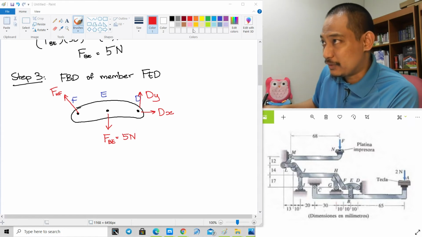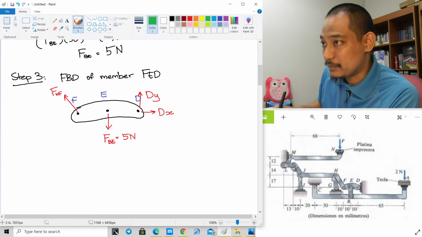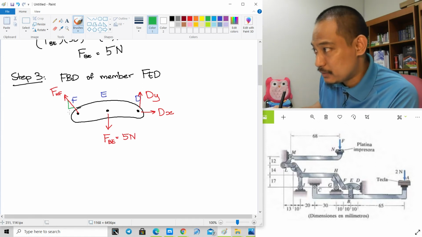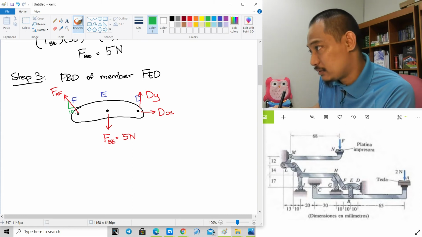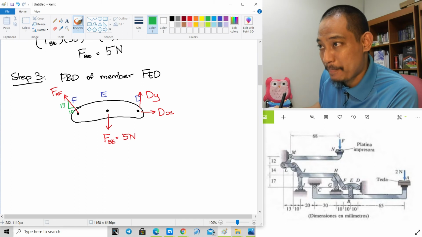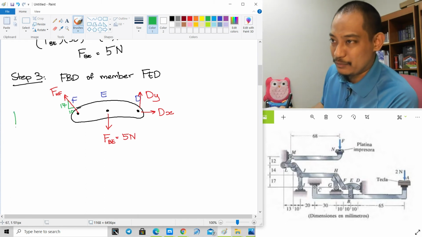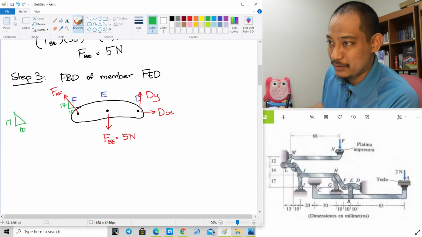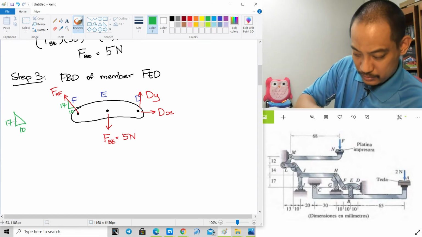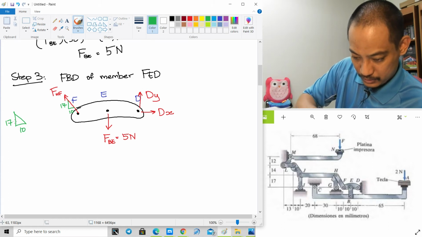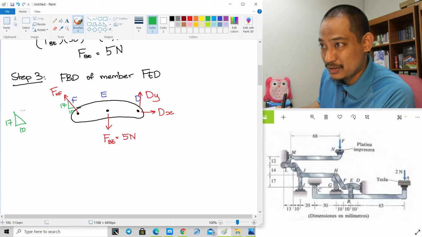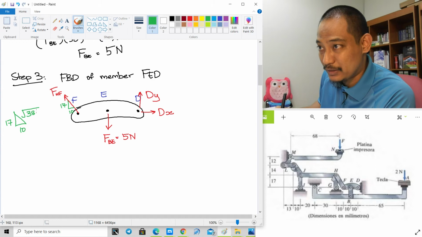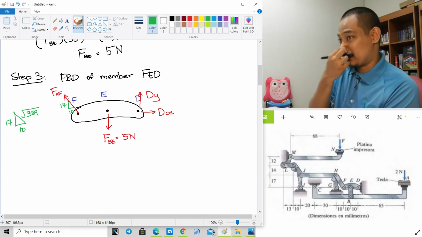Below here is 10 and this one is 17. So in terms of the triangle with 10 and 17, 10 squared plus 17 squared is 389. So the hypotenuse will be the square root of 389. That will be this triangle here, the angle there.